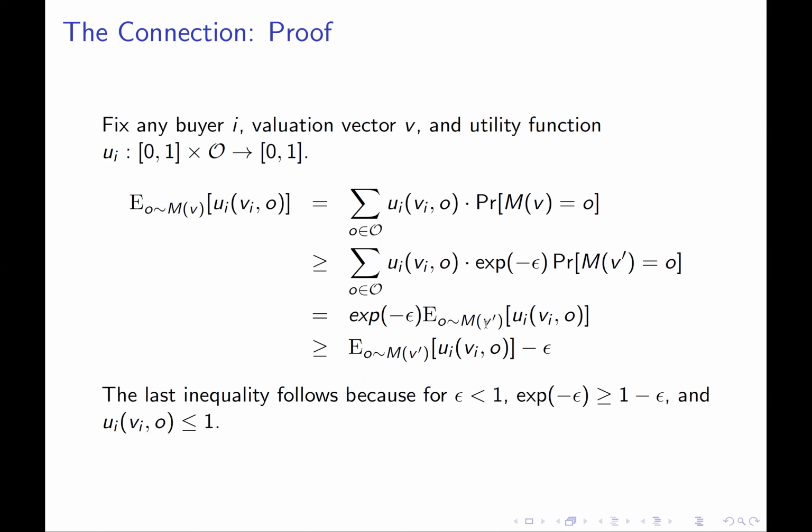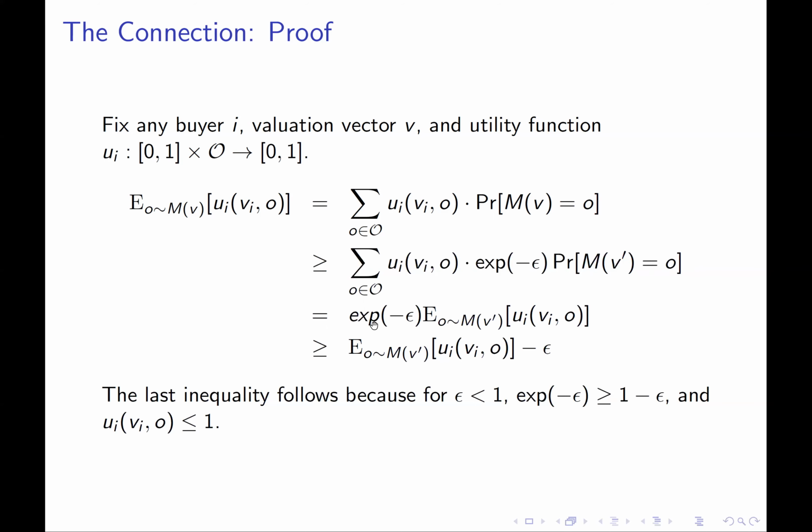And remembering that, well, first, e to the epsilon is approximately 1 plus epsilon. In particular, e to the minus epsilon is at least 1 minus epsilon, so long as epsilon is less than 1. Then, and also that we've normalized all of the utility functions to be between 0 and 1.